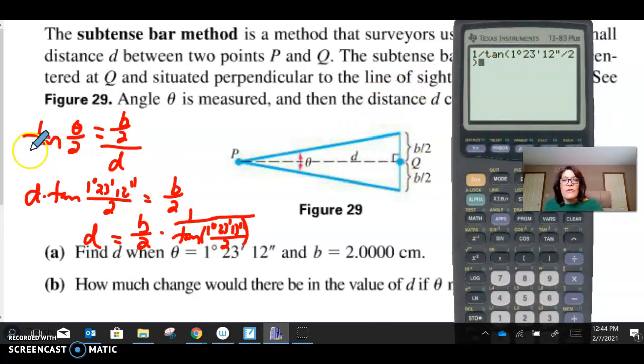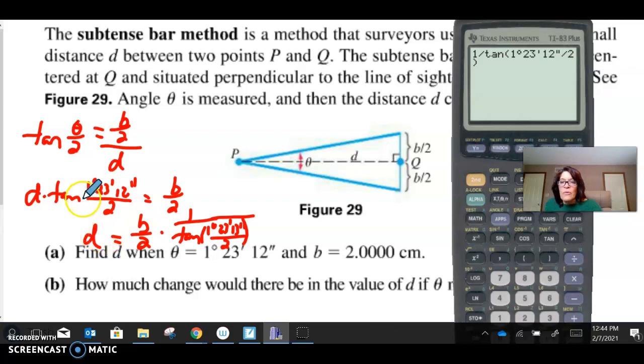So I just set up the equation that the tangent of half of theta is b over 2 over d, because that would be opposite over adjacent. I took d times tangent of the theta they gave me, 1 degree, 23 minutes, 12 seconds, over 2, of course, since it says theta over 2.